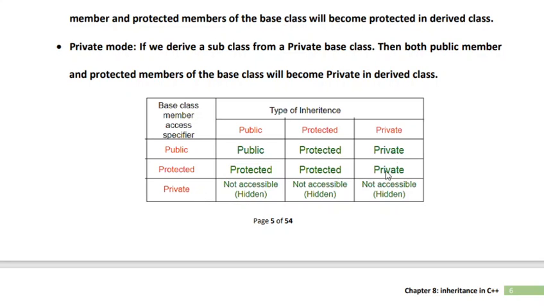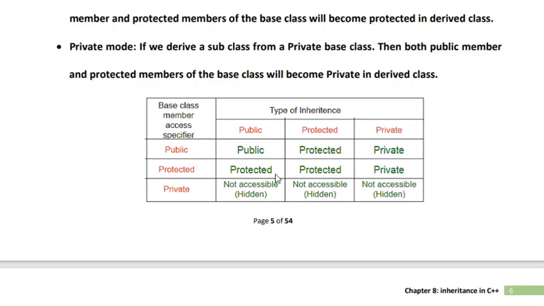Likewise, if you go for private mode of inheritance, then public will be private, protected will be private, and private cannot be inherited, right? So this is a very simple tabular representation that is capable of specifying the various modes of inheritance, which shows the base member access specifier and types of inheritance.